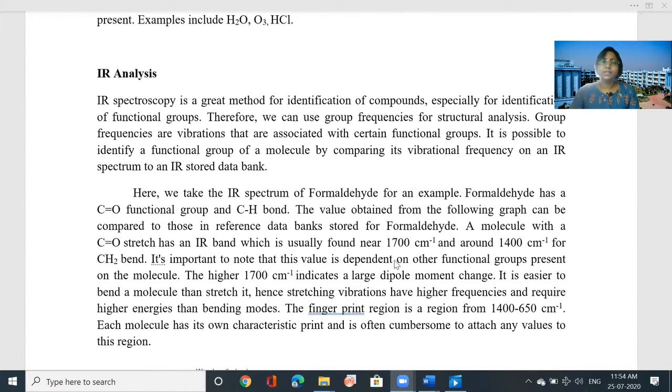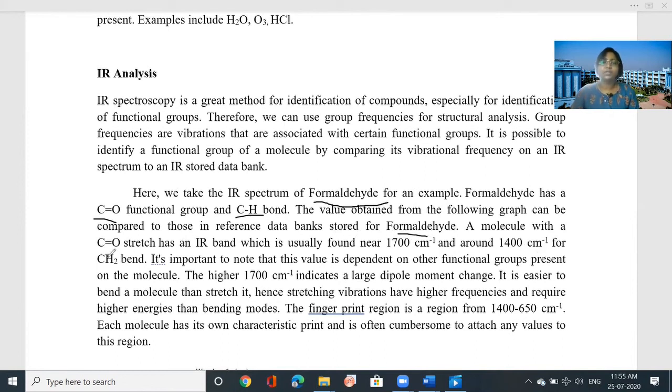So let's take one example, that is formaldehyde. Formaldehyde has the CO functional group and CH bond. So the values obtained from the graph are compared to those in reference data stored for formaldehyde.